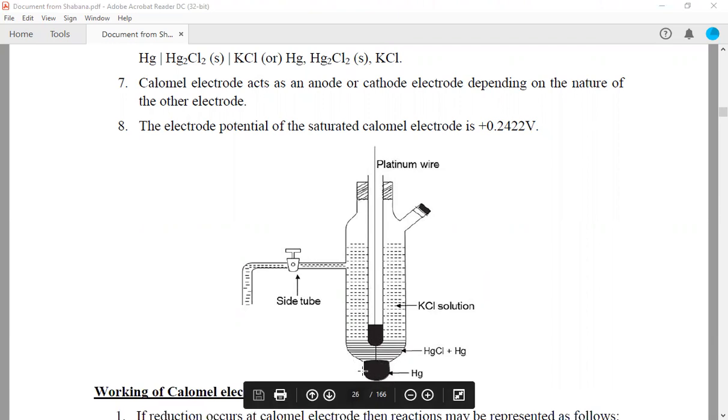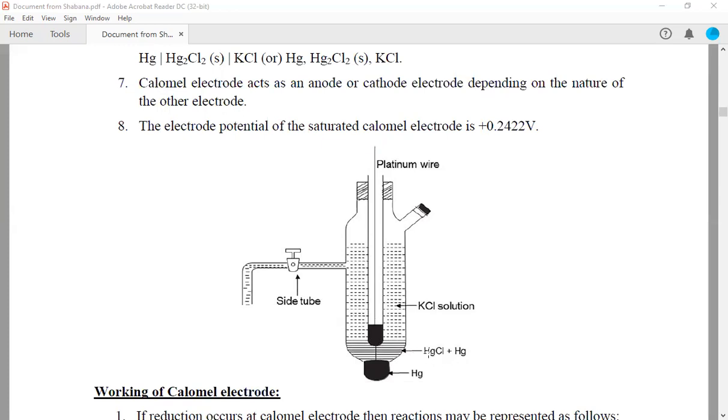The mercury of high purity is placed at the bottom of this tube and connected to the circuit by means of a platinum wire sealed with a glass tube. The surface of the mercury is covered with a paste of mercurous chloride and mercury.